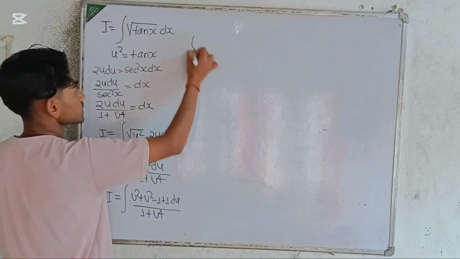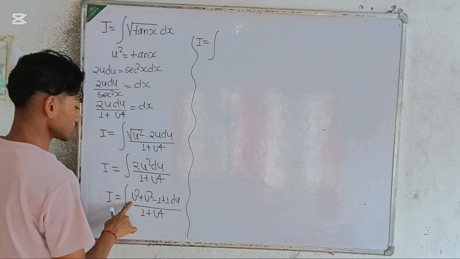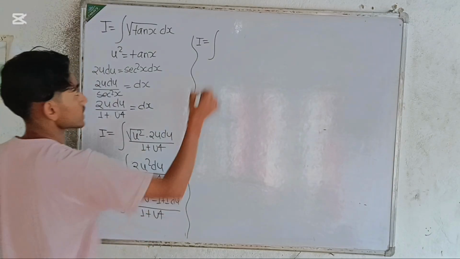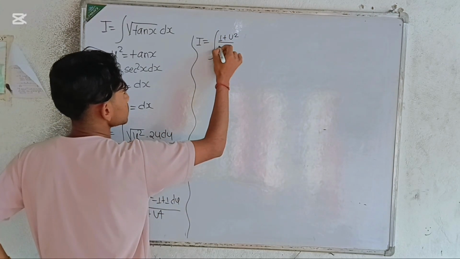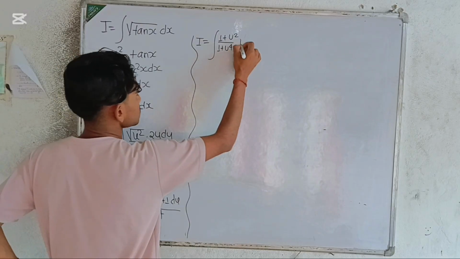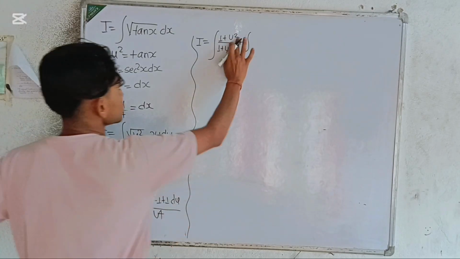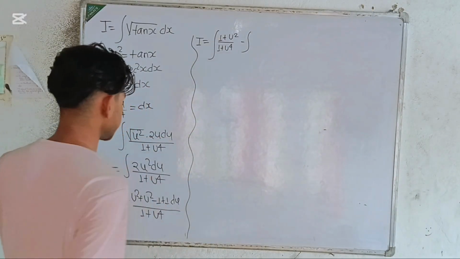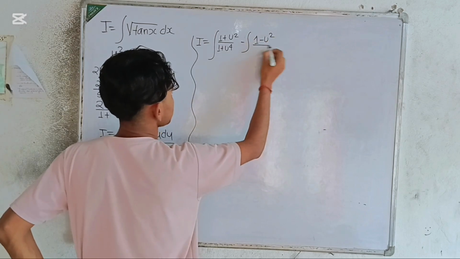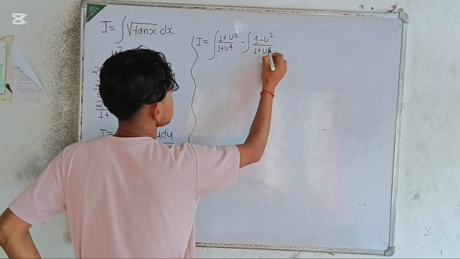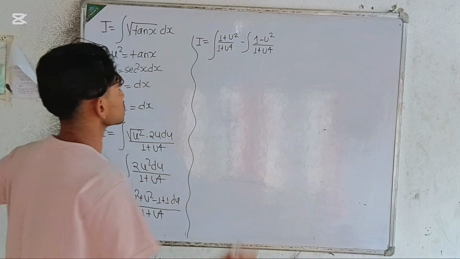So now we have to separate this. What we got is integral u squared plus 1 plus u squared by 1 plus u to the 4th, plus integral, if I take a minus sign common here, I get 1 minus u squared over 1 plus u to the power 4th, right? So now we are going to divide both numerator and denominator by u squared.